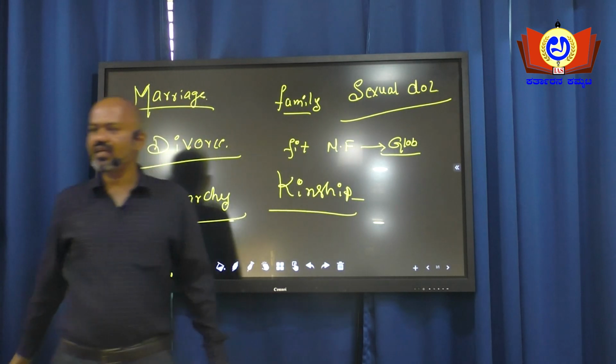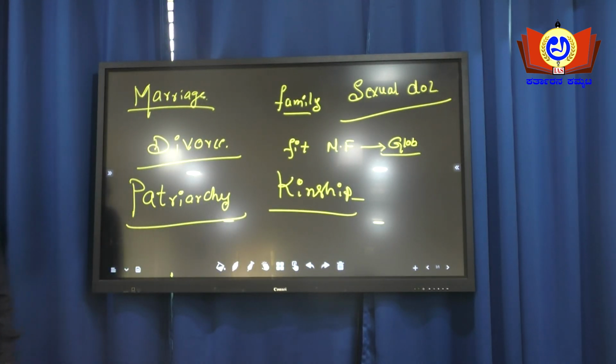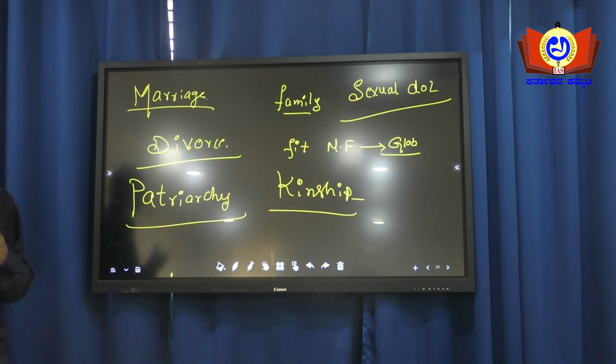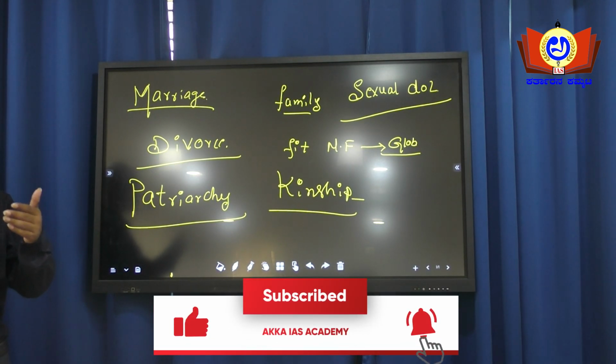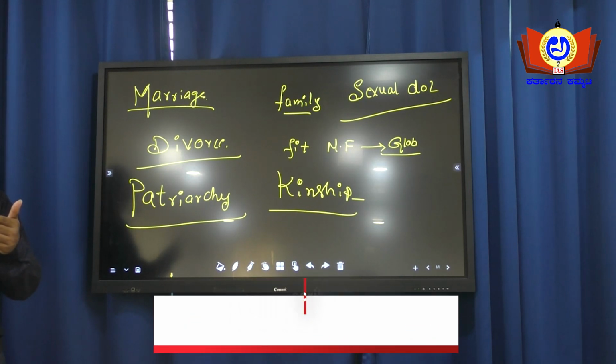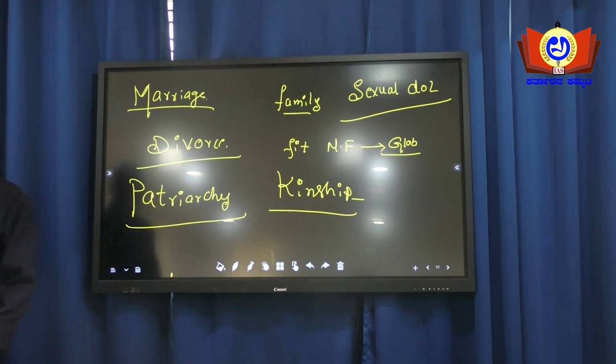Sexual division of labor, the meaning, can you guess the meaning of that phrase? There are many theories, biological arguments are there. They say that women have to do some home chores, and they will give arguments for that. They will say women have that kind of nature so that she can look after the child and all.